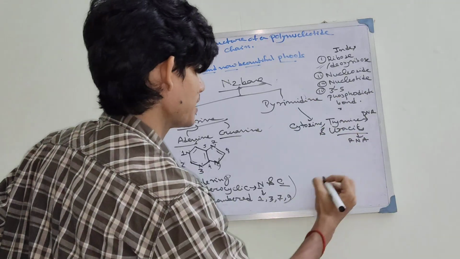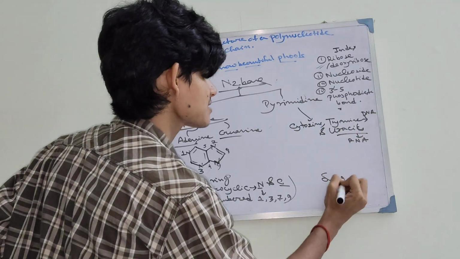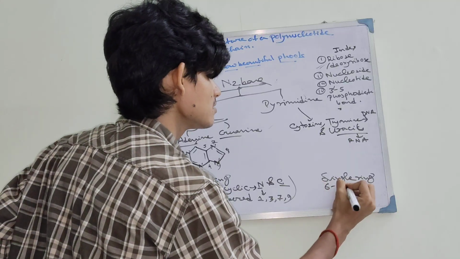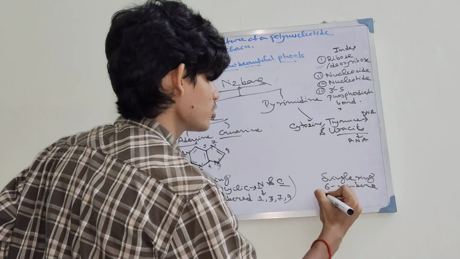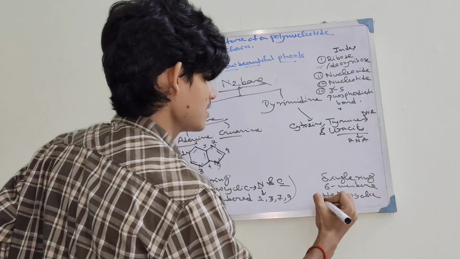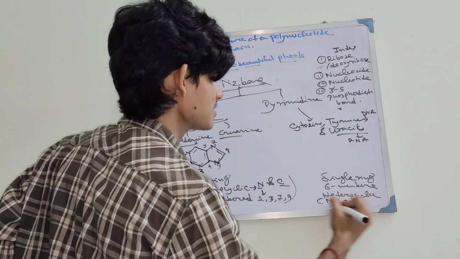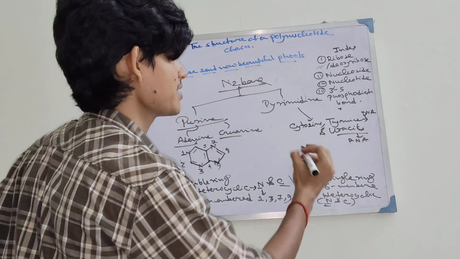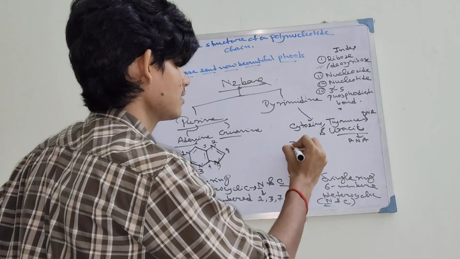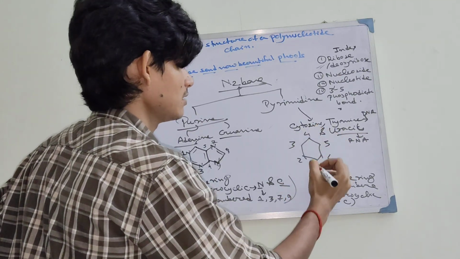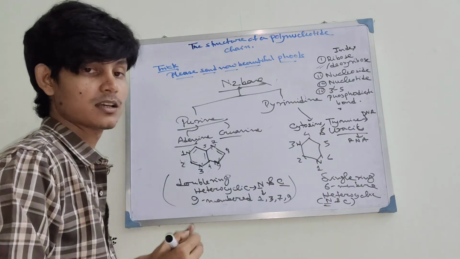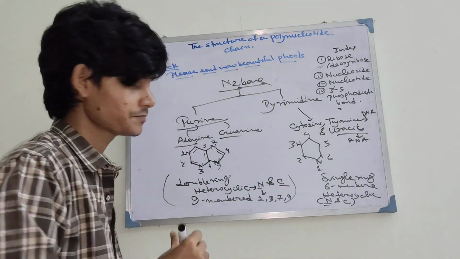The features of pyrimidine: it is a single ring structure, 6-membered, also heterocyclic, nitrogen and carbon present. So where will the nitrogen be present? Let's number the atoms. Nitrogen will be present at positions 1 and 3. Okay, now the nitrogen bases are clear.